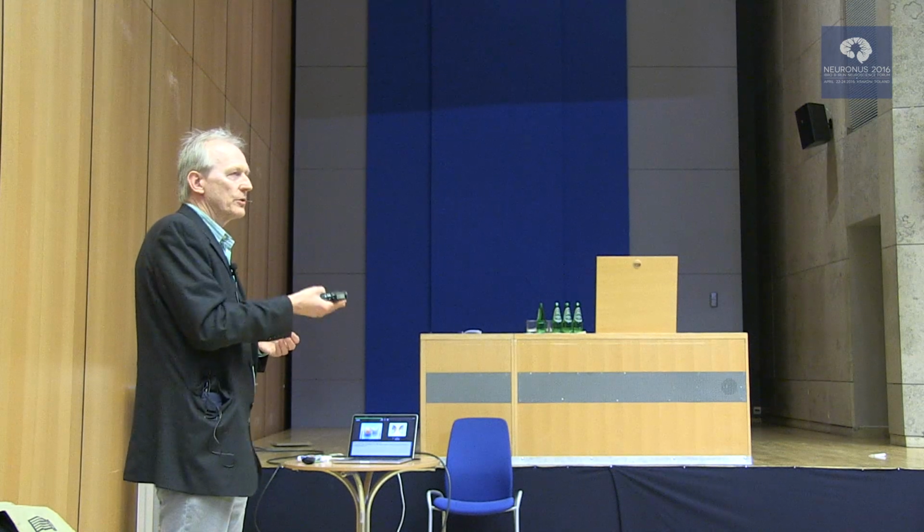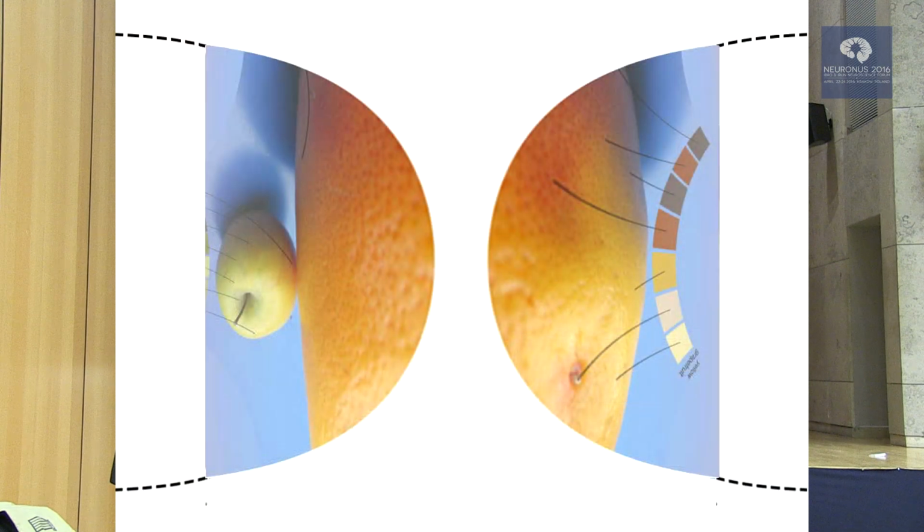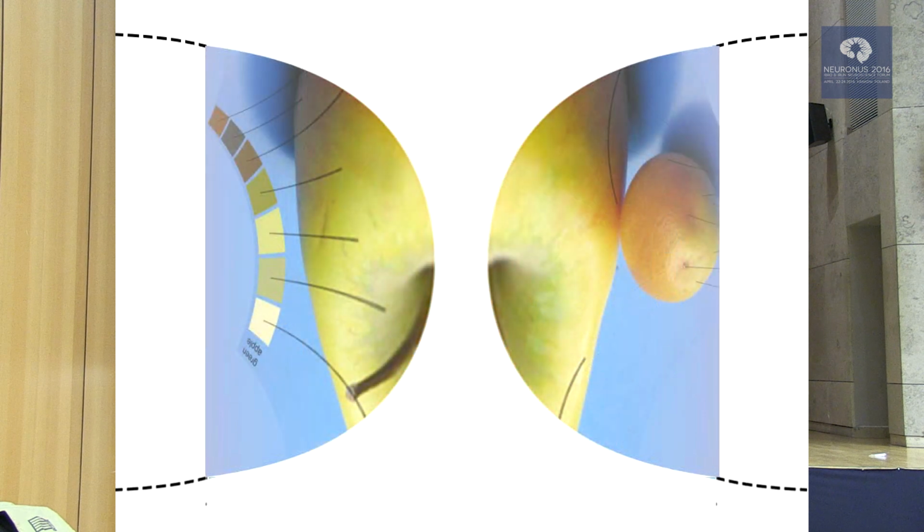What I showed you for color is even worse for size, because if you look at the cortical representation of these objects, this is a simulation of how the representation of these objects would look in primary visual cortex, for example. When you fixate at the orange, the orange takes up a vast extent of V1, whereas the size of the apple here is much reduced in the visual periphery. And of course, the reverse holds when you fixate on the apple.